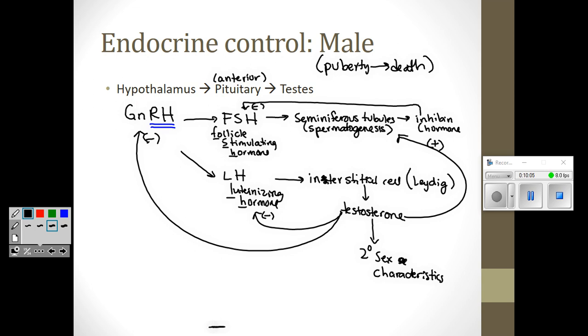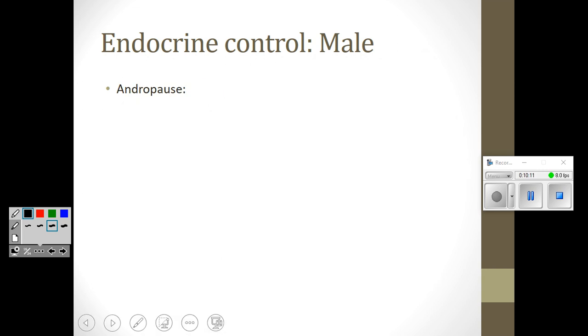Now, as with everything, it's not true in every single case. There is something called andropause. Maybe you've never heard of it, but maybe you've heard of its partner, menopause, which is a lot more common. Andropause is something that not all men experience, so it's not as common, not as easy to detect, and not as frequent as what happens with females.